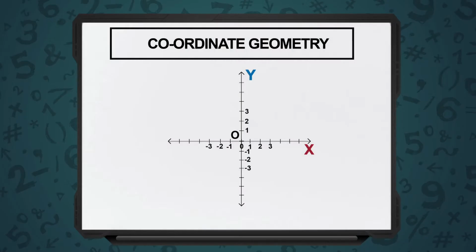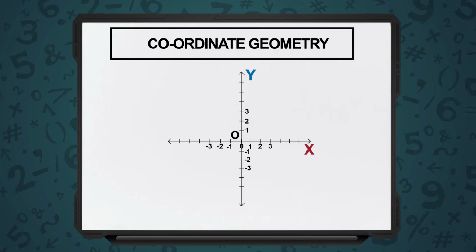So remember one thing: O is the origin, and if you keep moving to the right of O, you will have positive values of x. If you keep moving to the left of O, you will have negative values. In the same way, if you keep going above O, you have positive values of y, and if you go below, you have negative values of y.